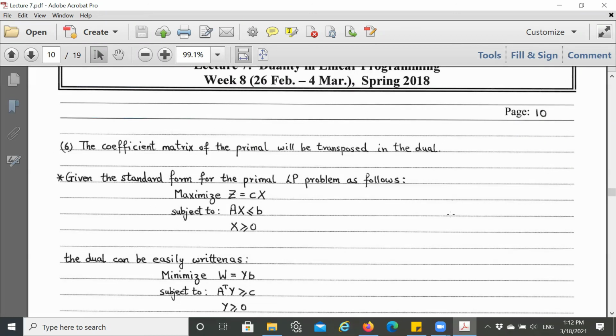Exactly. You find the dual with fewer variables, and solving it would be much faster. I see. Okay, thank you.